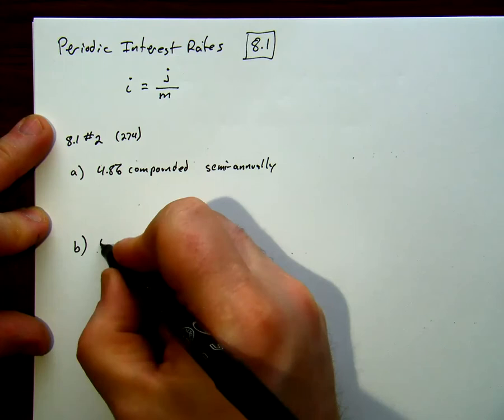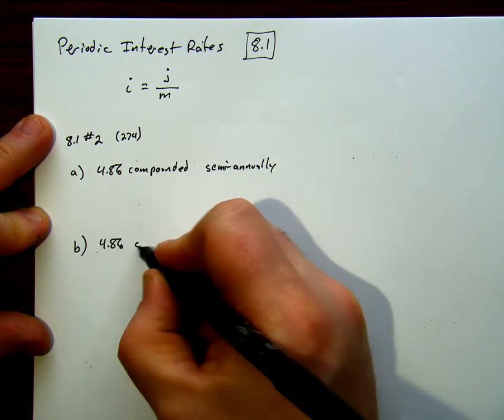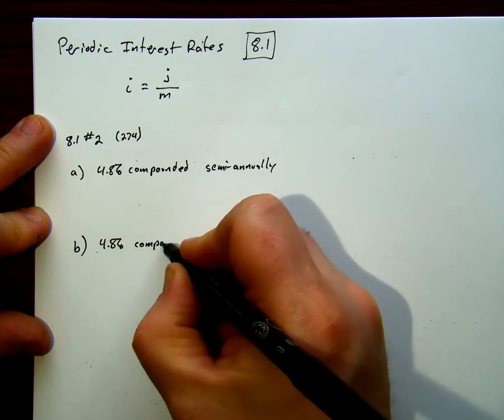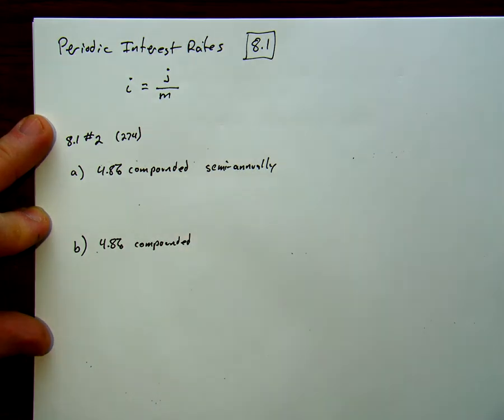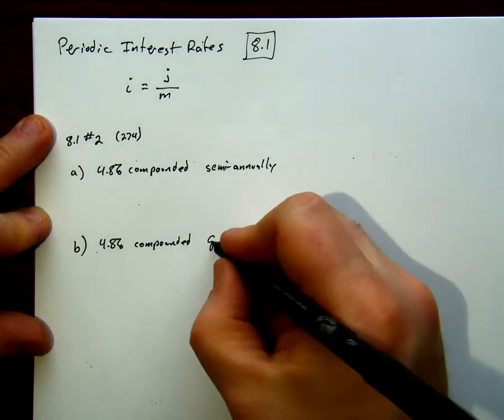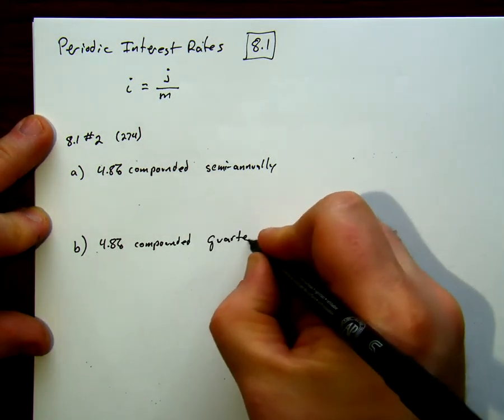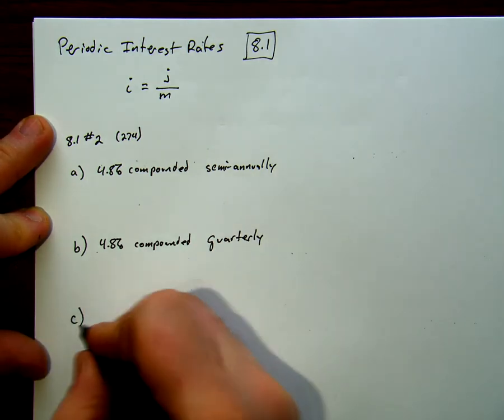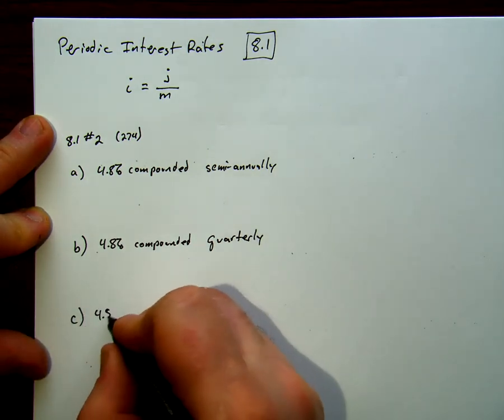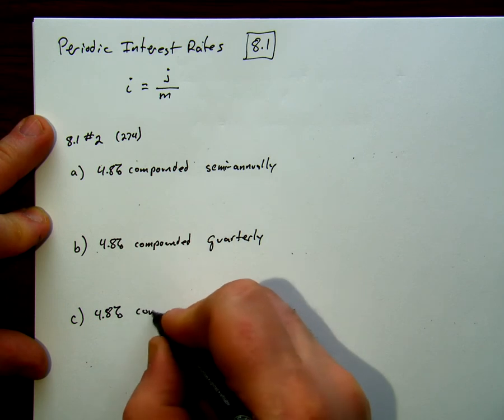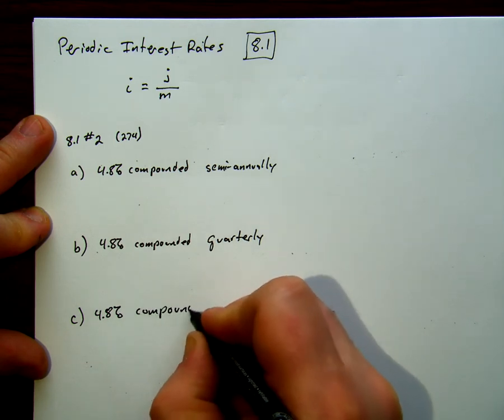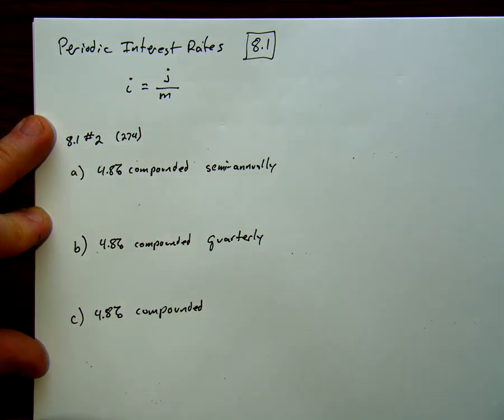B is 4.8% compounded quarterly. And C is 4.8% compounded monthly.